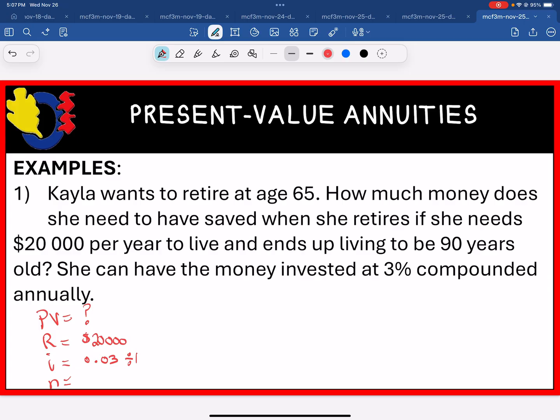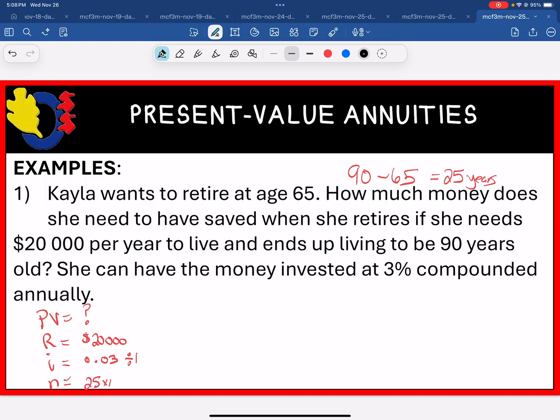The N, so how long is between 90 and 65? So N is going to be 25 years. So 25 times 1 is still 25.